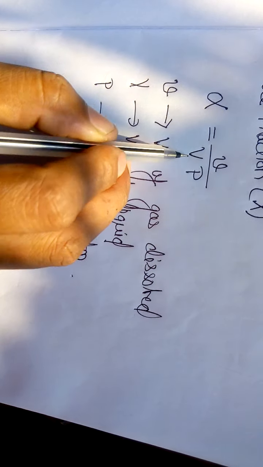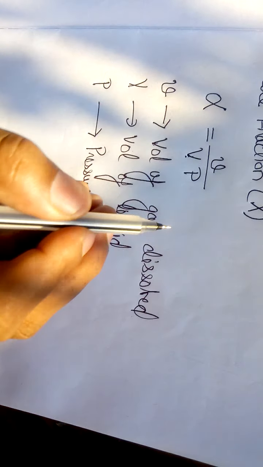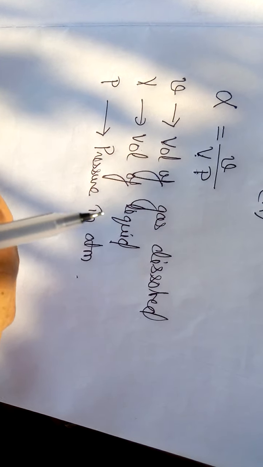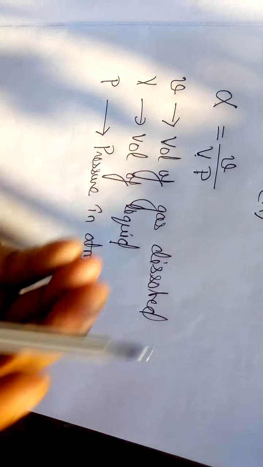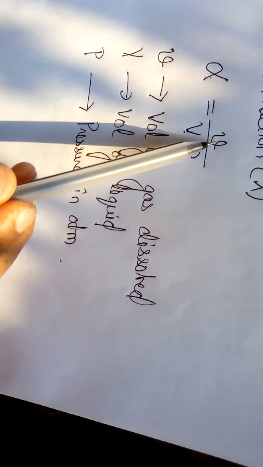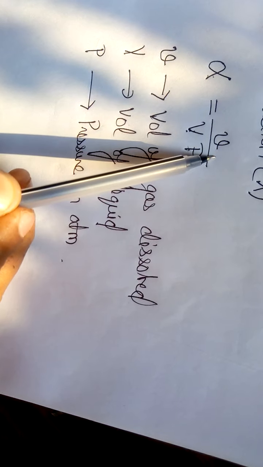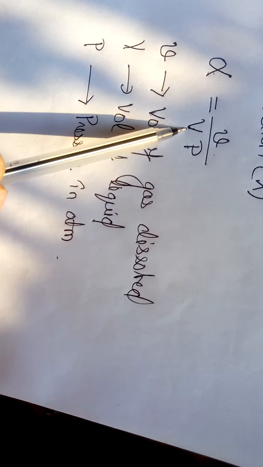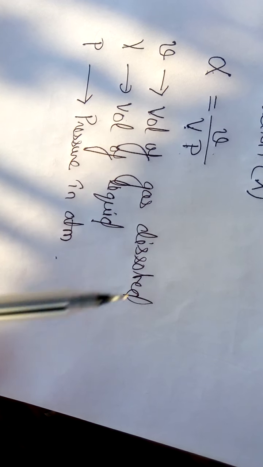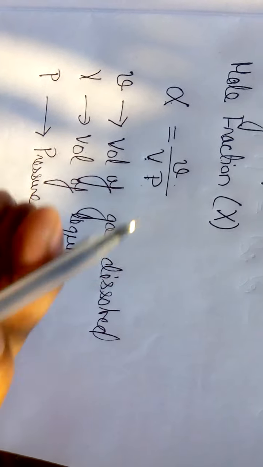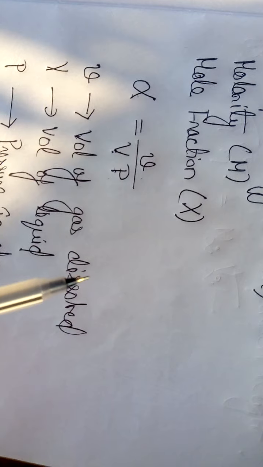So if capital V becomes 1 ml, and capital P 1 atmosphere, then alpha becomes equal to v. So absorption coefficient can be defined as the volume of the gas dissolved at STP in 1 ml of the liquid and at 1 atmospheric pressure at a given temperature. Molarity and mole fraction are already known to you, which I had discussed in my last video.